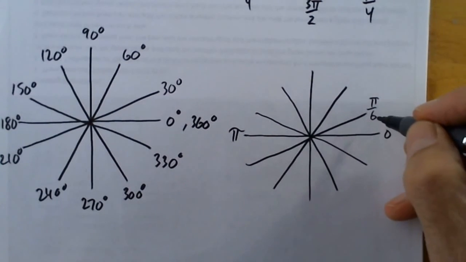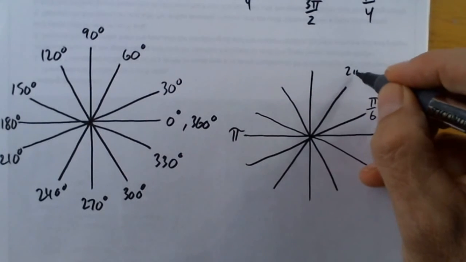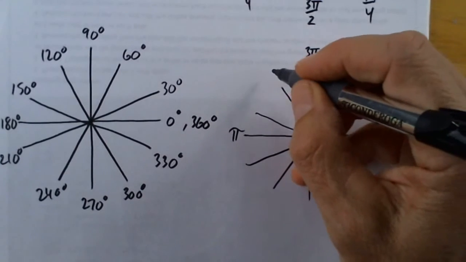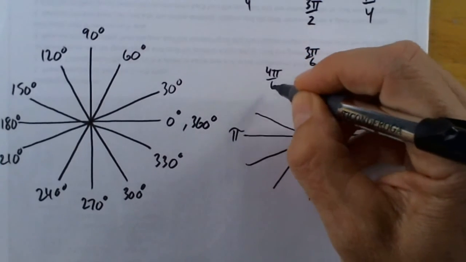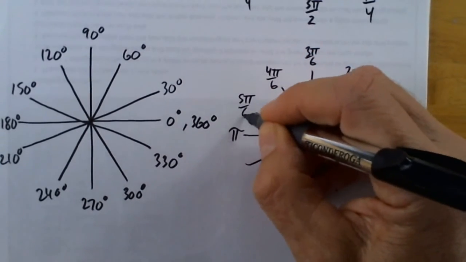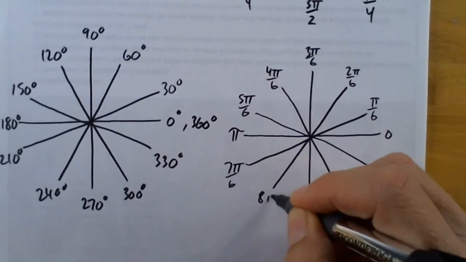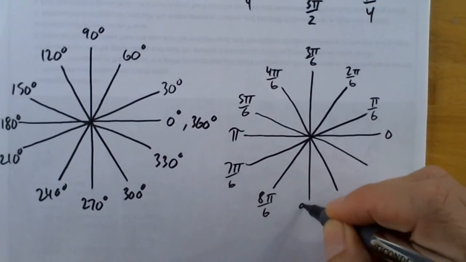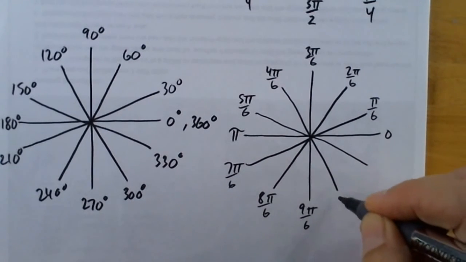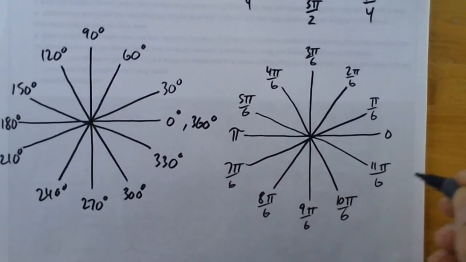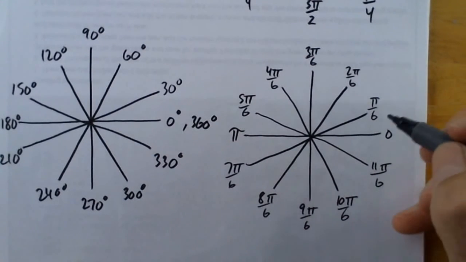And then we can just count our way around. 2 pi over 6, 3 pi over 6, 6 over 6, and then some of these can be reduced.